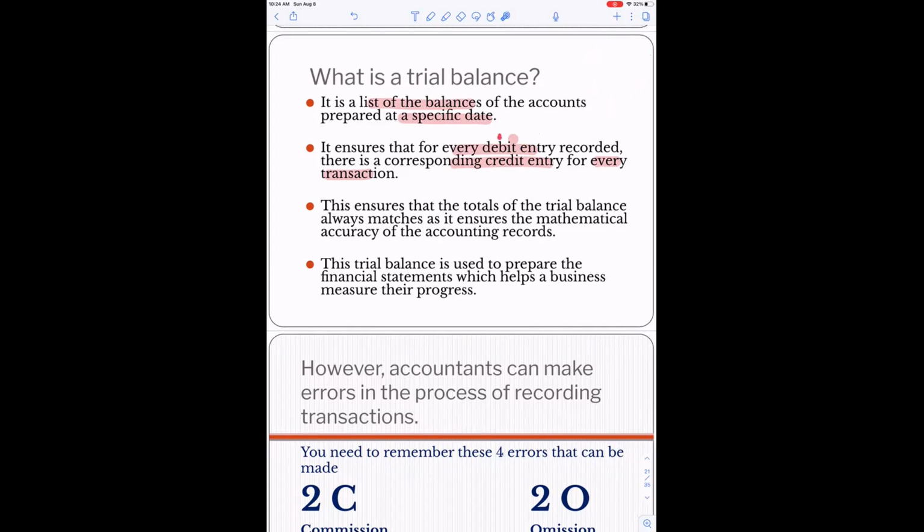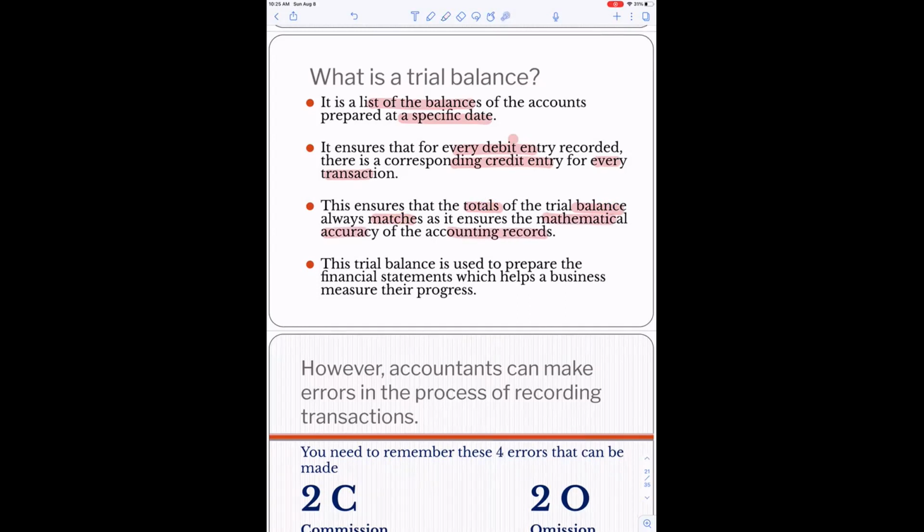If every debit has a corresponding credit entry, then the totals of the trial balance will always match, because it would ensure the mathematical accuracy of the accounting records.